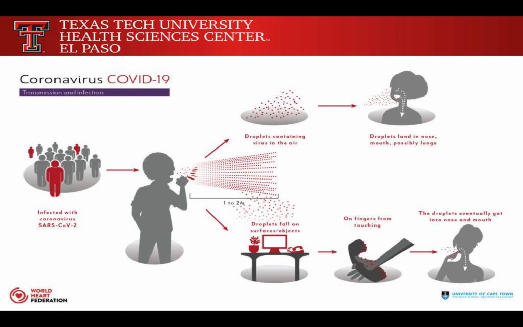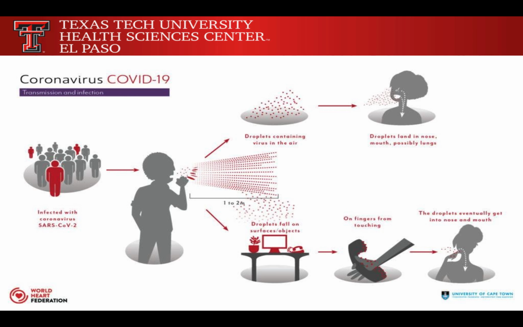One last note about spread. How can we contract coronavirus? Well, as I mentioned before, you are constantly emitting respiratory droplets in the air around you. Sometimes people around you can breathe in these droplets and become infected, or the droplets land on your phone, your coffee cup, your computer mouse, computer keyboard, shopping carts.